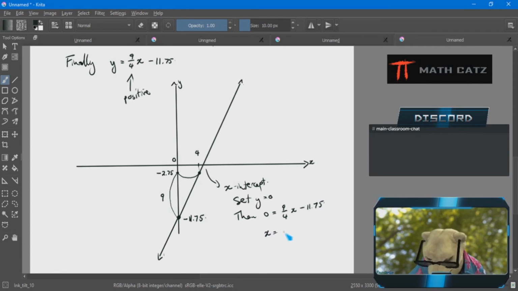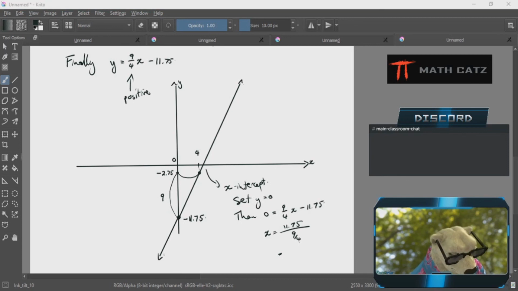So x is going to be, move the 11.75 over, divide by 9/4, and let's see what we get. And it makes sense that it's a little over 4. I can't tell from my graph exactly how much over 4. Is it 4 point something? Do I actually get to 5? Who knows? That's why we have to calculate it. So we put 2 equal signs there, 11.75.